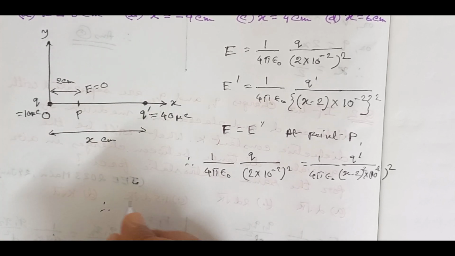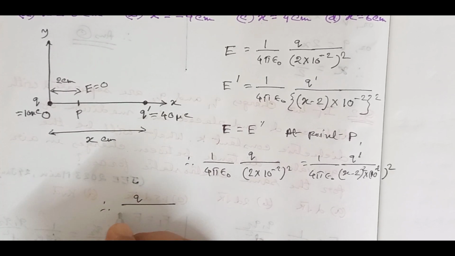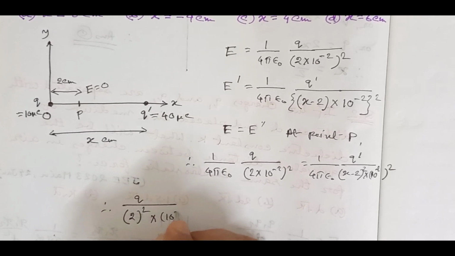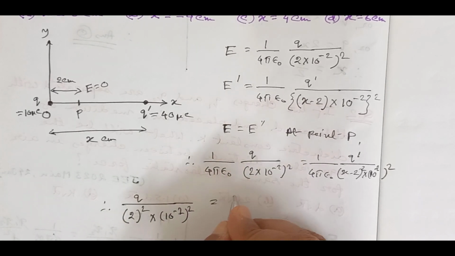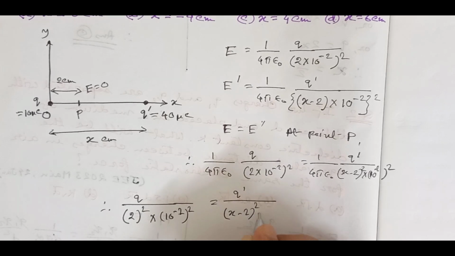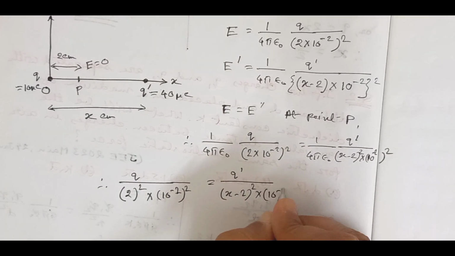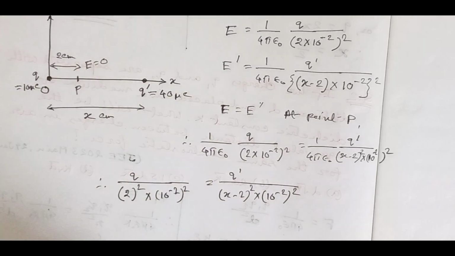Therefore, q by 2 square into 10 to the power minus 2 square is equal to q prime by x minus 2 square into 10 to the power minus 2 square.